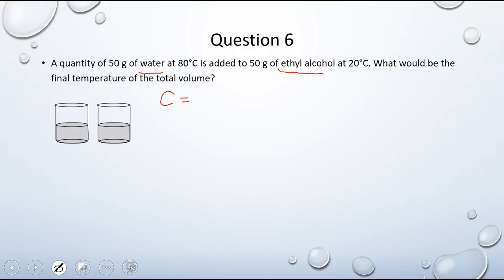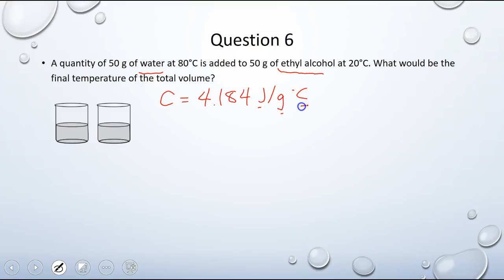4,184. Okay, for water it's 4.184 joules per gram degree Celsius. Now that's pretty interesting because joule is the heat unit.